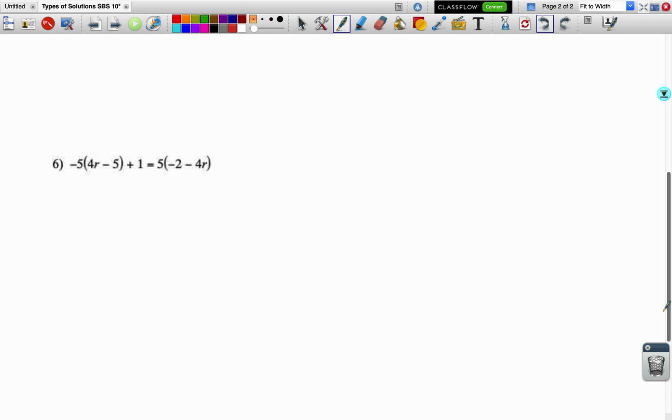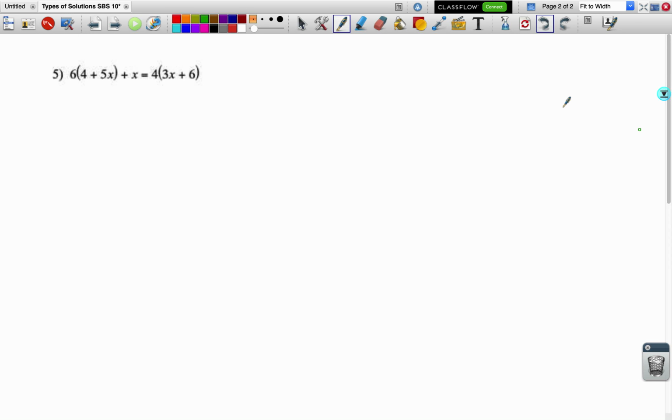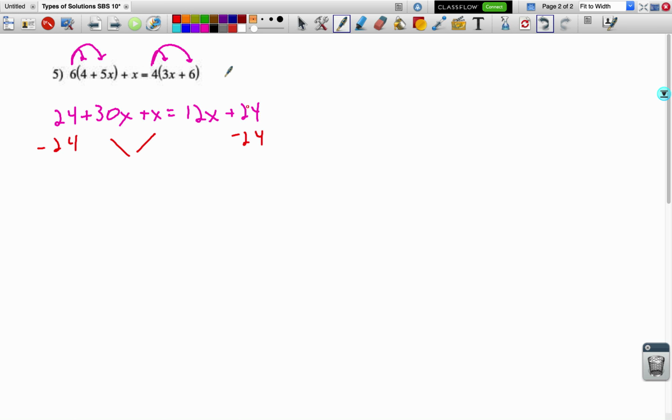All right, there are 2 more on the back side. Let's try them together real quick. So I do have parentheses, so I want to distribute to get rid of those parentheses. I have to distribute on both sides. When I distribute, I multiply. So we get 24 plus 30x plus x equals 12x plus 24. Combine my like terms with the 30x and the x, but at the same time I want to subtract 24 from both sides.